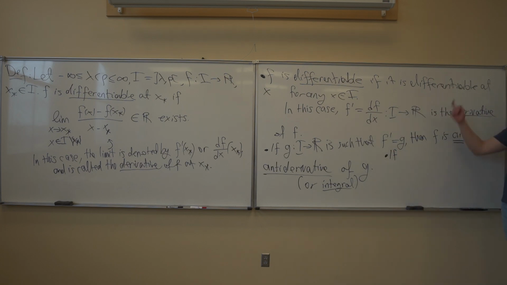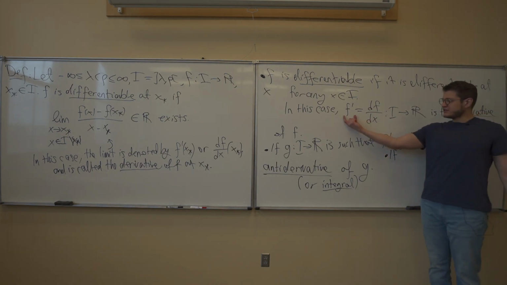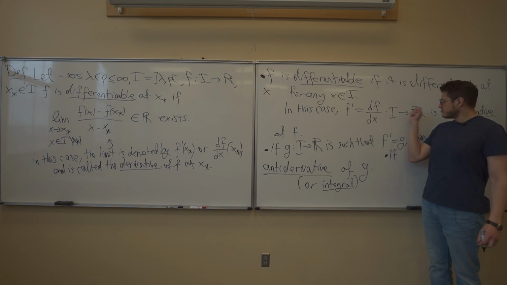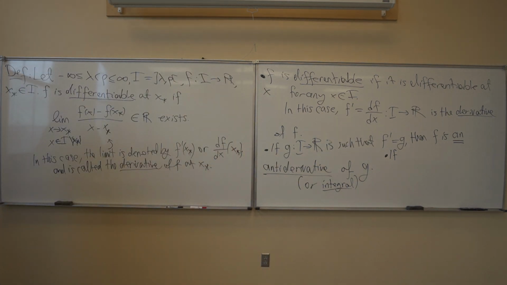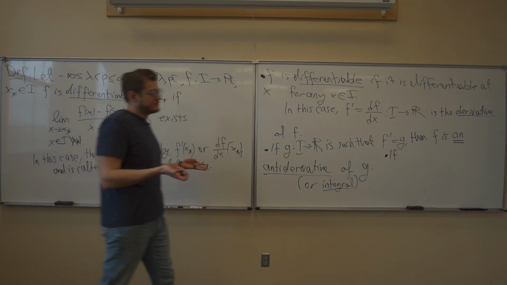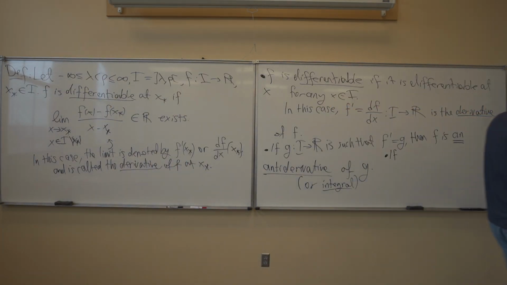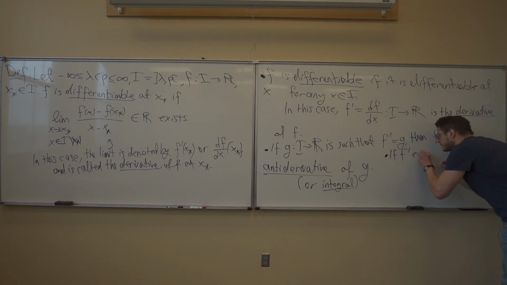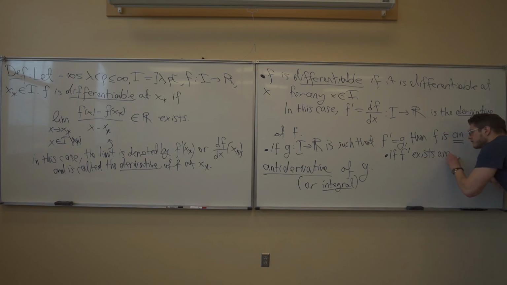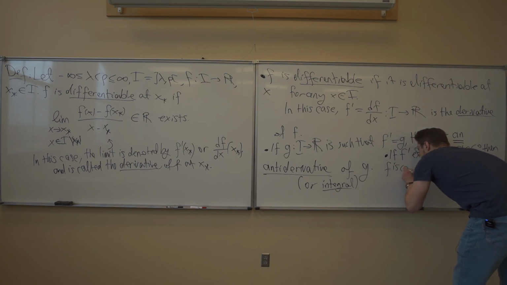If f is differentiable everywhere, so that f prime exists as a function from I to R, and if, additionally, f prime itself is a continuous function, so that f has a continuous derivative, I'm going to call it continuously differentiable. I'm going to say that it is in class C1, as opposed to C0, which just meant continuity. If f prime is in C0, I'm going to say that f is in C1. Then f is continuously differentiable.